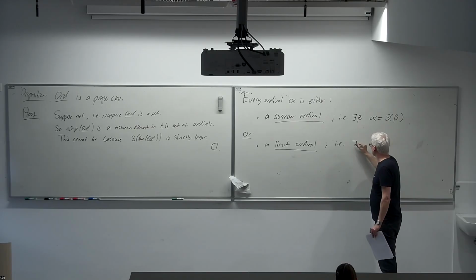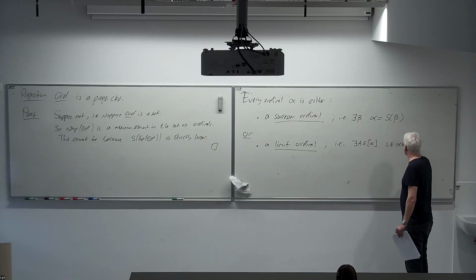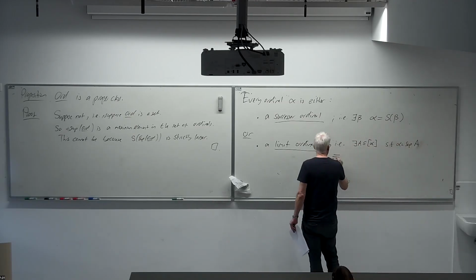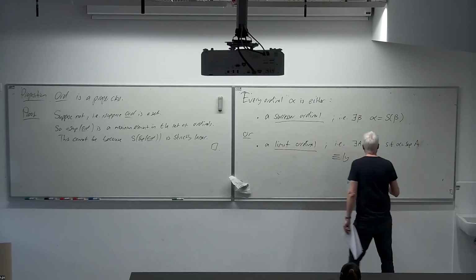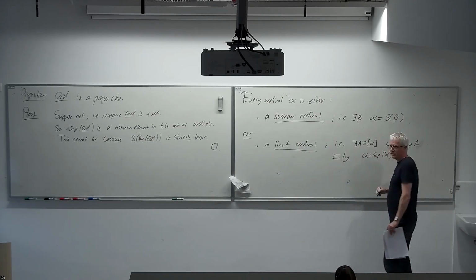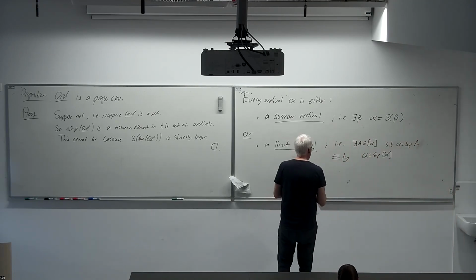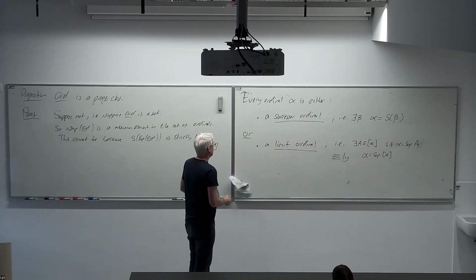So we could write it as this: there exists a subset A of the ordinals strictly below alpha, such that alpha is the supremum of A. Or equivalently, we can simply say alpha is the supremum of the set of ordinals strictly below it. And this last one's a more useful characterization.